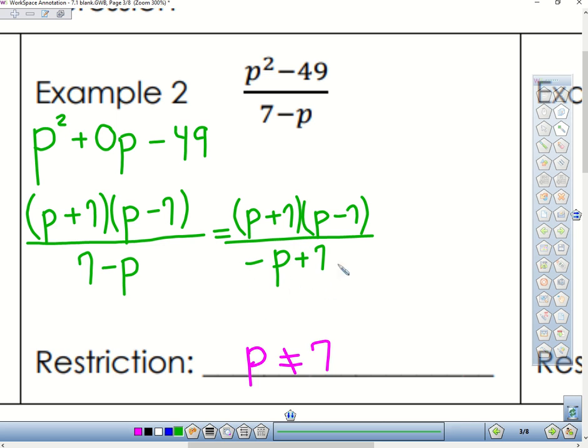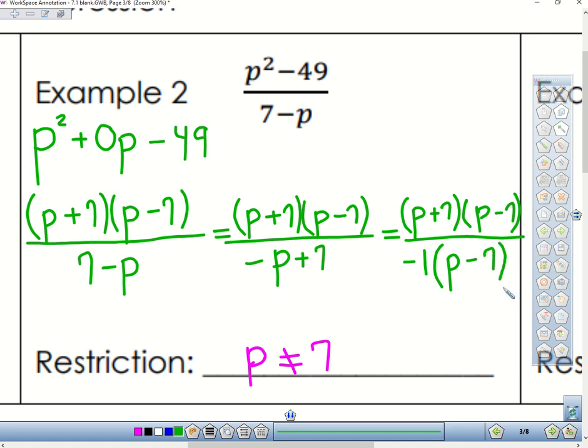Now, what can I factor out of this denominator that will make it look like one of these numerators? Can't factor out a 7, but we can factor out a negative 1. So we're going to take the new denominator, we just flipped it around, and we're going to factor out a negative 1. So all that's going to do is change the signs of each term. So that's going to be p minus 7.